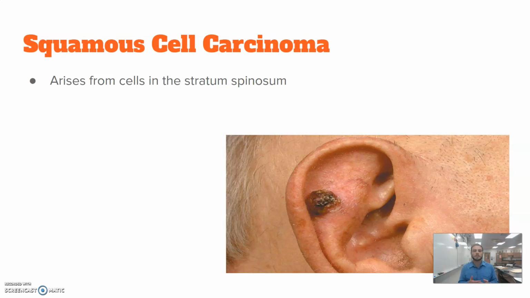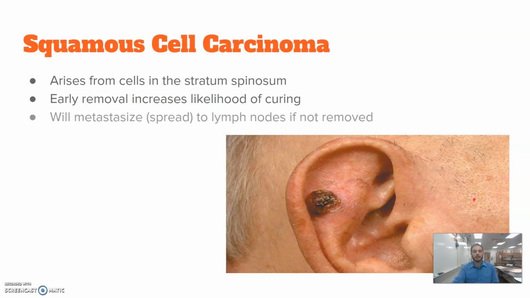But squamous cell carcinoma arises out of the stratum spinosum, so slightly more superficial than the stratum basal. These you do want to get taken care of. The earlier that you can identify them and remove them increases your chances of surviving them, basically, or not having them become malignant. Because these here will spread.